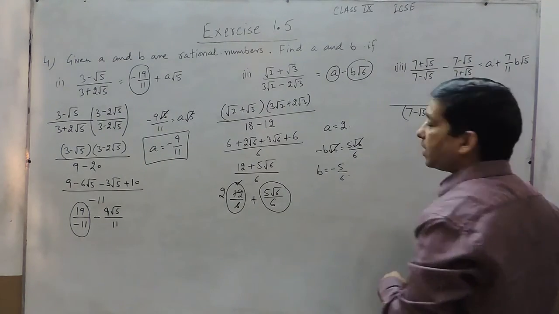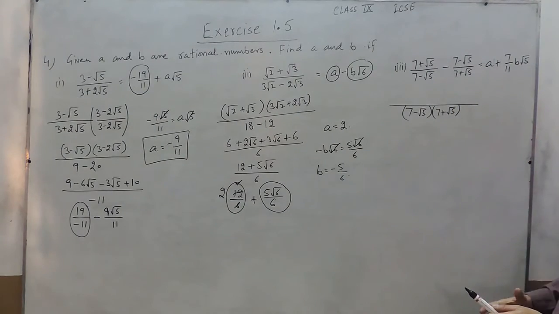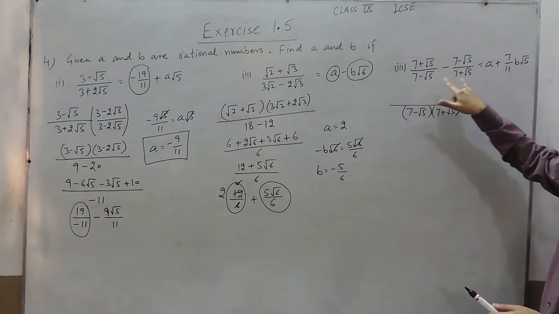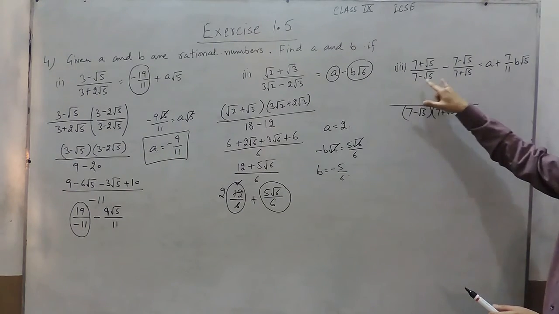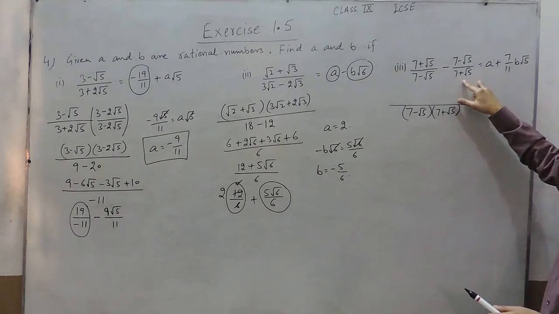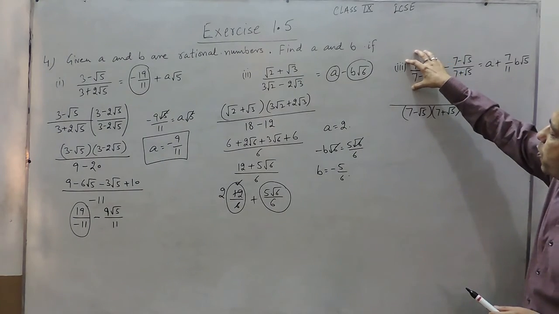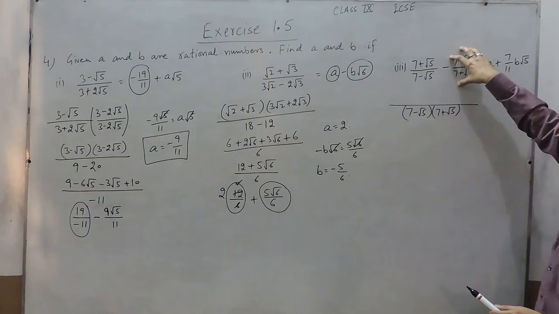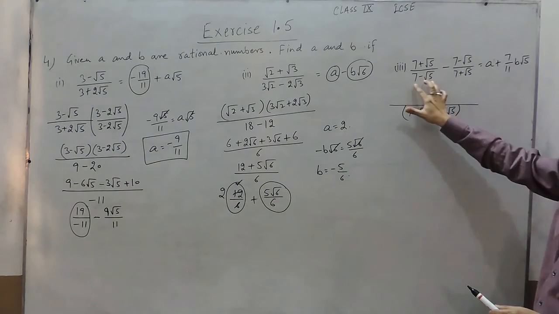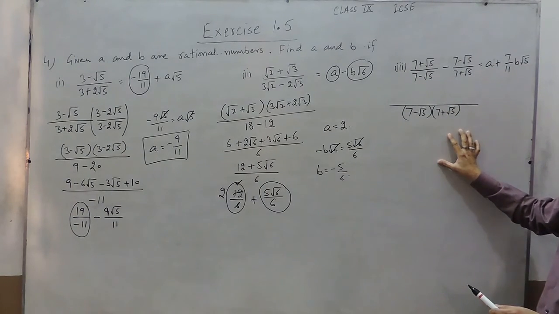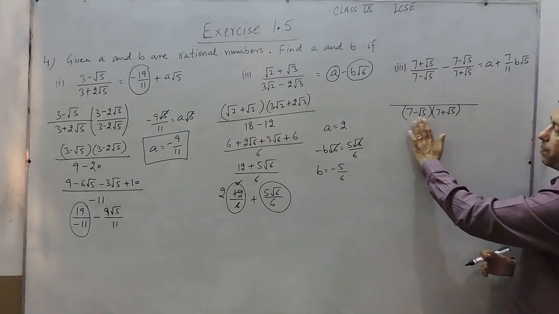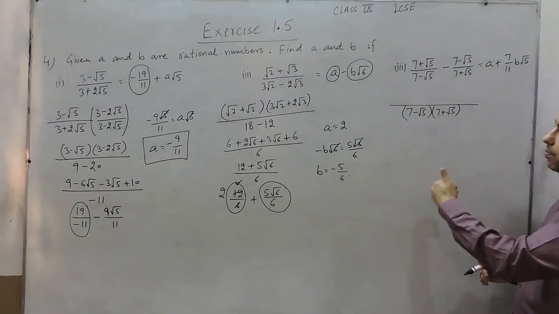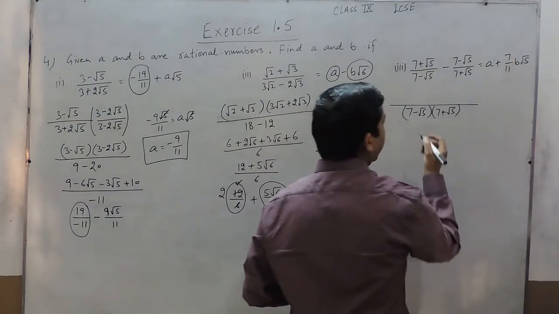Why the LCM can be taken is very important, because these two denominators are conjugates of each other. If they are not conjugates, then we have to solve each portion individually. But because they are conjugates, we can take the LCM, because again this can be written in the form x minus y into x plus y and solved by rationalizing the denominator.